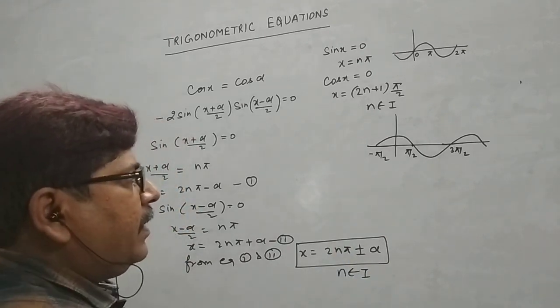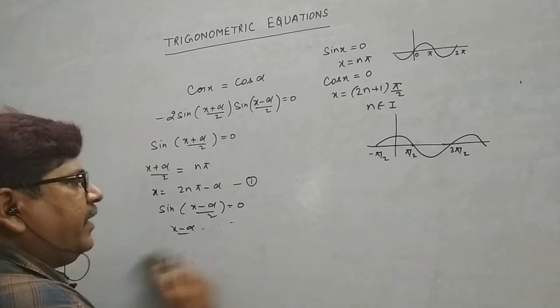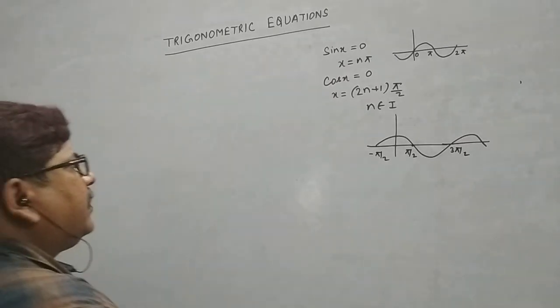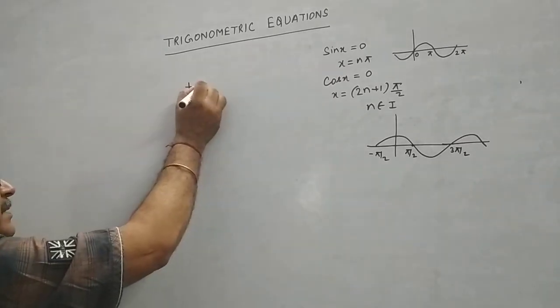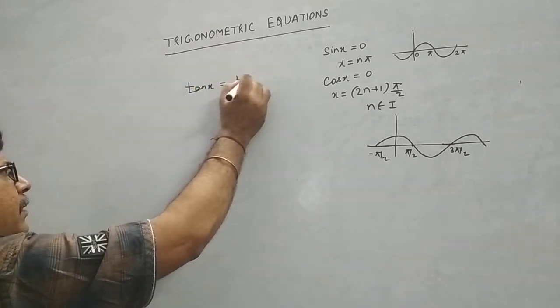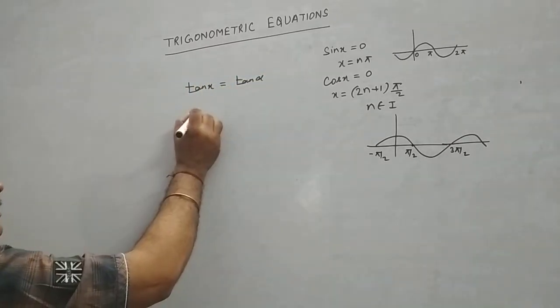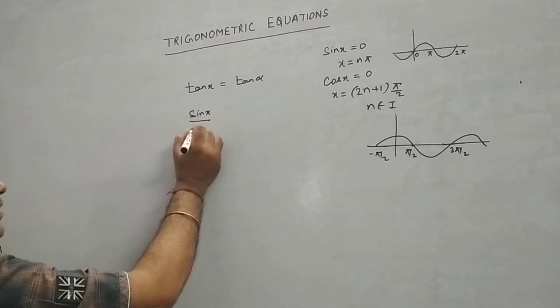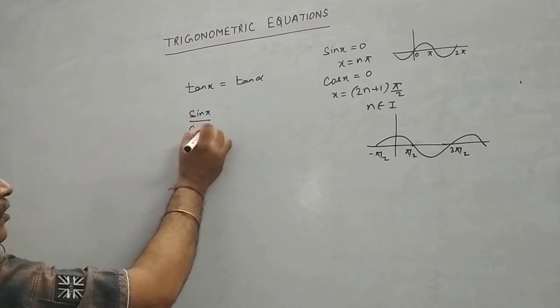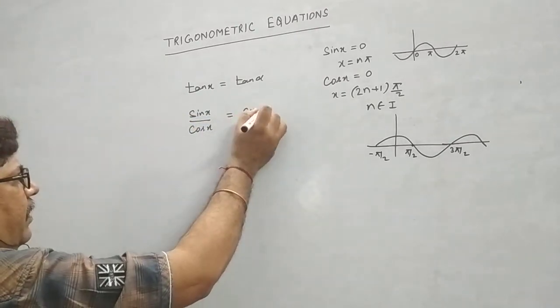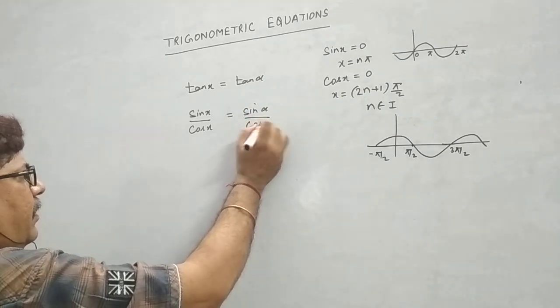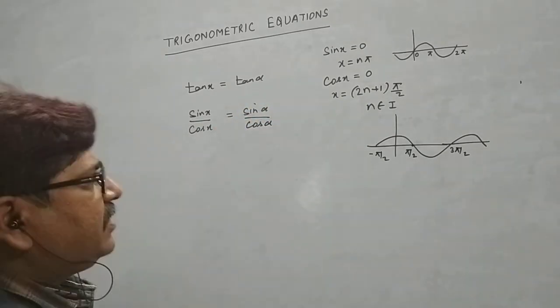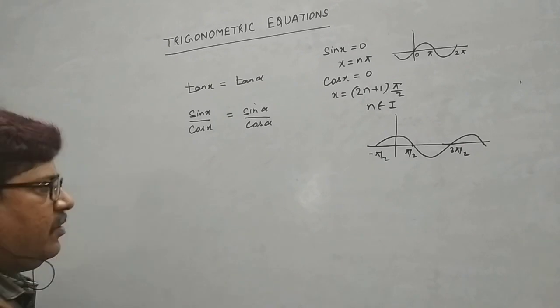Got it? Similarly, we can define the result for tan x is equal to tan alpha. Changing them into sines and cosines, sin x by cos x is equal to sin alpha by cos alpha, considering the domain that cos x is not equal to 0 and cos alpha is not equal to 0.